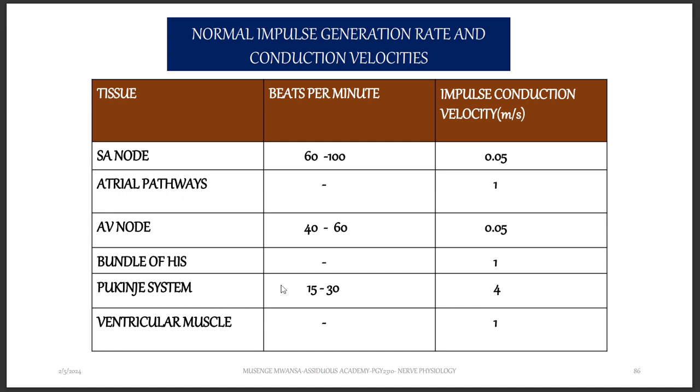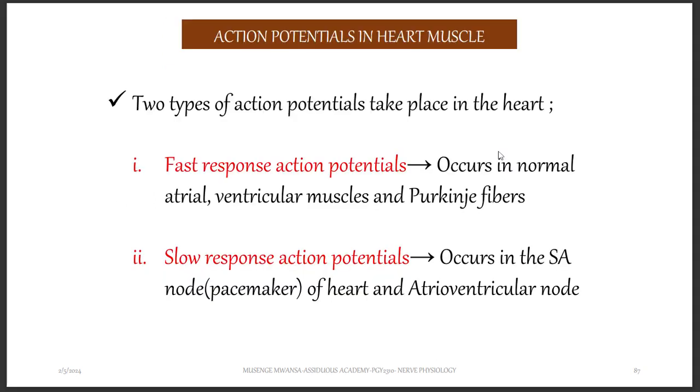Actually, the fastest velocity of impulse results when the impulse is generated in the Purkinje fibers, and the slowest is the impulse generated in the SA node and AV node. They are very slow, as you can see. So we have the fast response action potential.